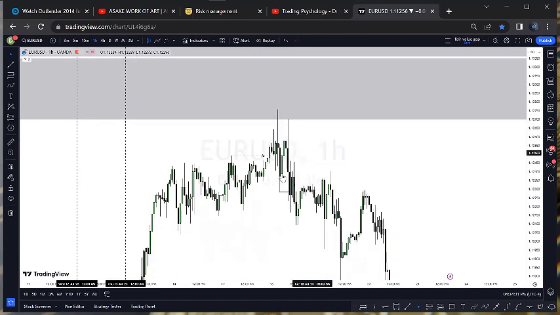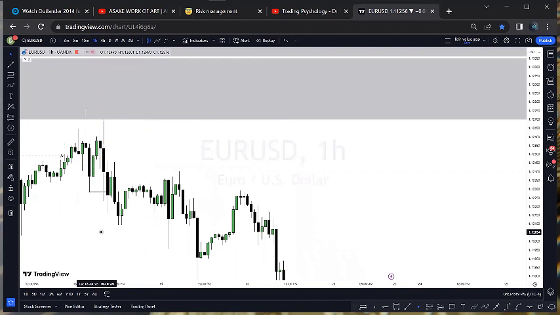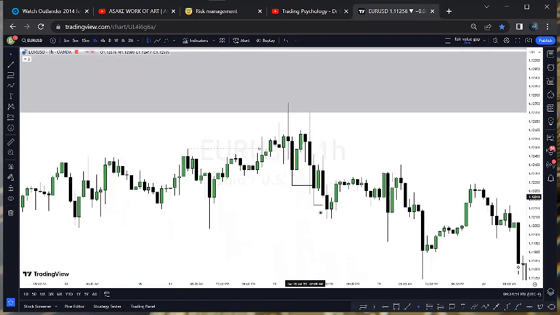So, confirmation number 2. Now, after this, you also have this BOS here. That small tiny BOS thing, which is break of structure. It broke here and broke here.